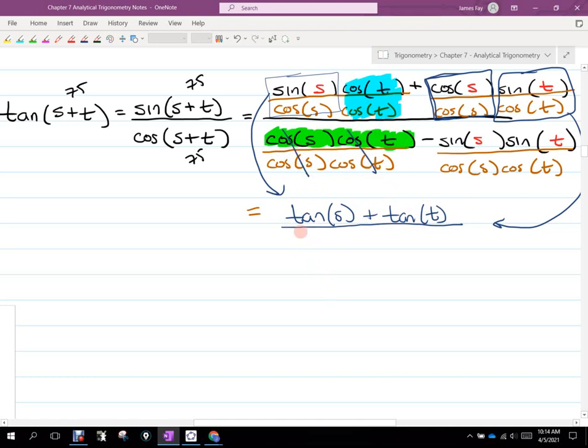So 1 times, it doesn't disappear. It's a quotient of 1 there, right? Minus then, what's sine S over cosine S? Tangent S. And what is sine T divided by cosine T? Tangent T. And that then is the tangent of S plus T.